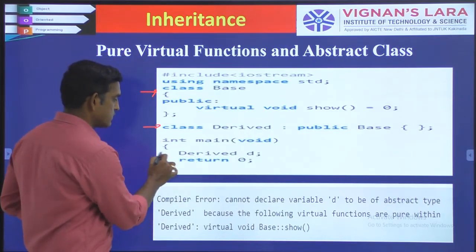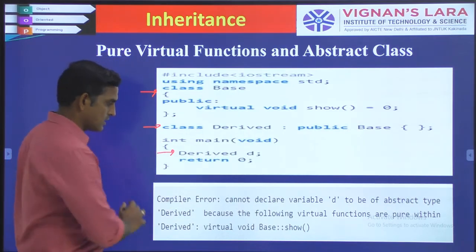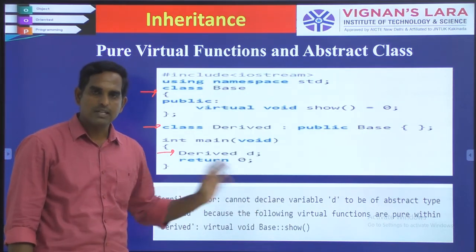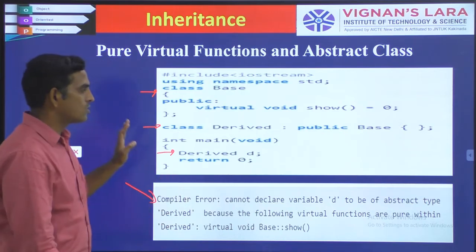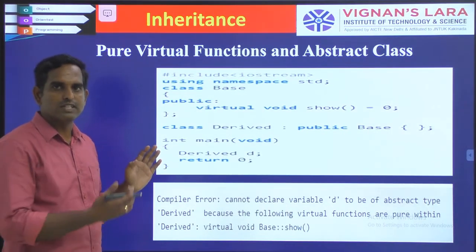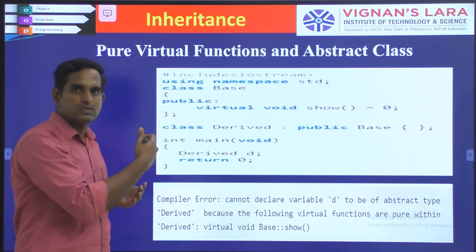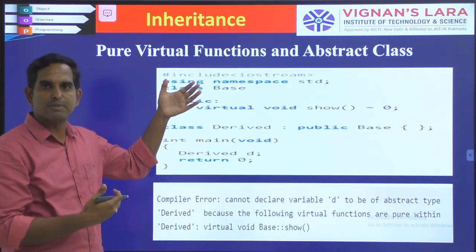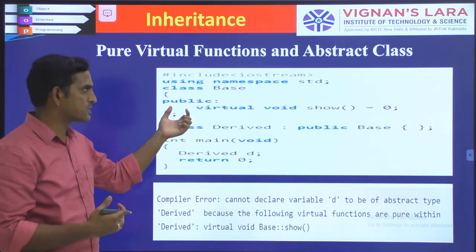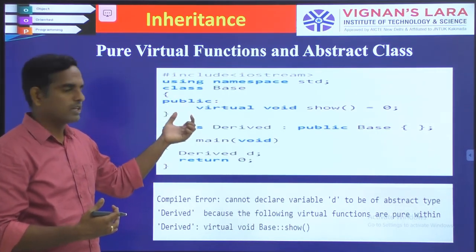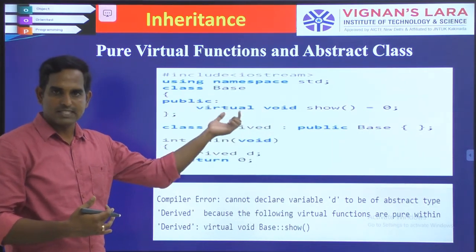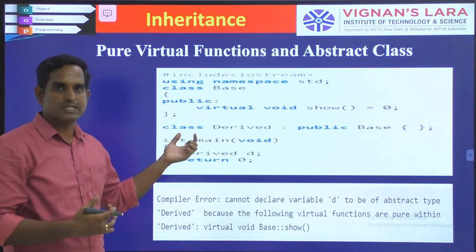Then if I try to create an object of your derived class, I will get an error saying it is also an abstract class. So the derived class which is deriving the properties of the base class needs to have the implementation of your pure virtual function. If it doesn't, then it also will become an abstract class.